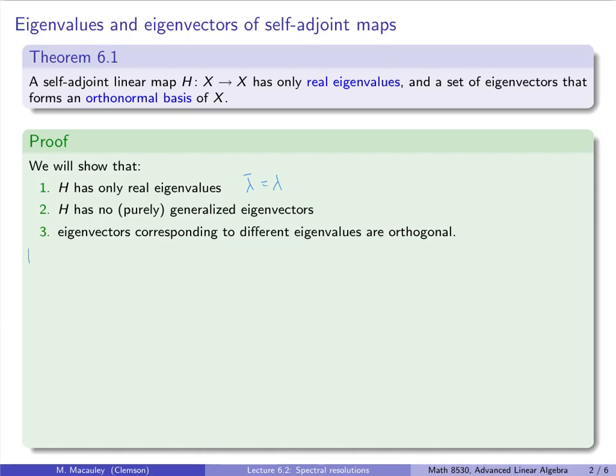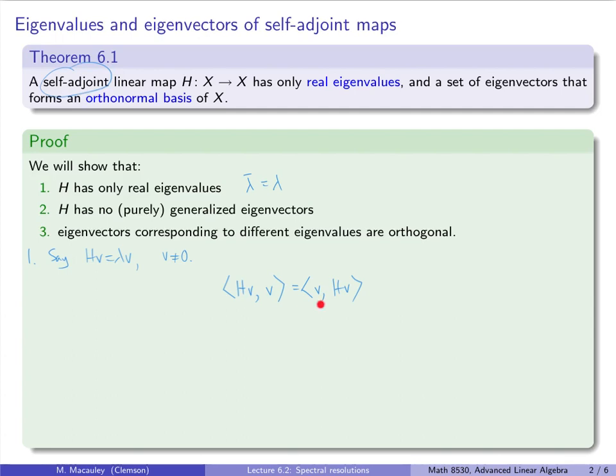So to prove this, let's say that we have an eigenvalue of H, so HV equals lambda V for some non-zero V. And what we will do is take the inner product of HV with itself, and because H is self-adjoint, the key property is that this is equal to the inner product of V with HV. In other words, we can move H from the left to the right side. Normally we have to take the adjoint to do this, but it's self-adjoint.